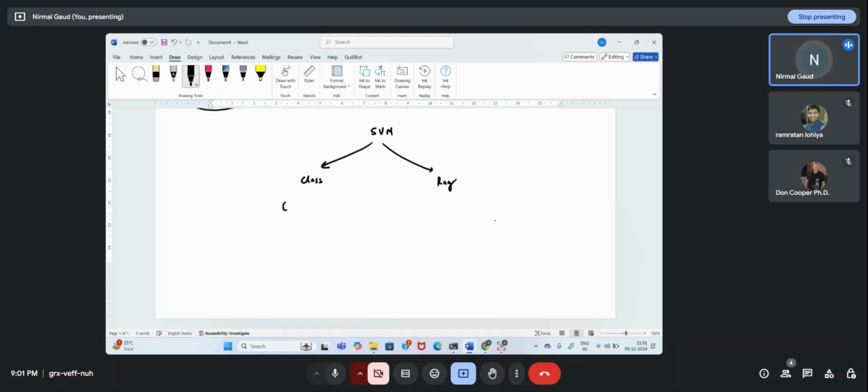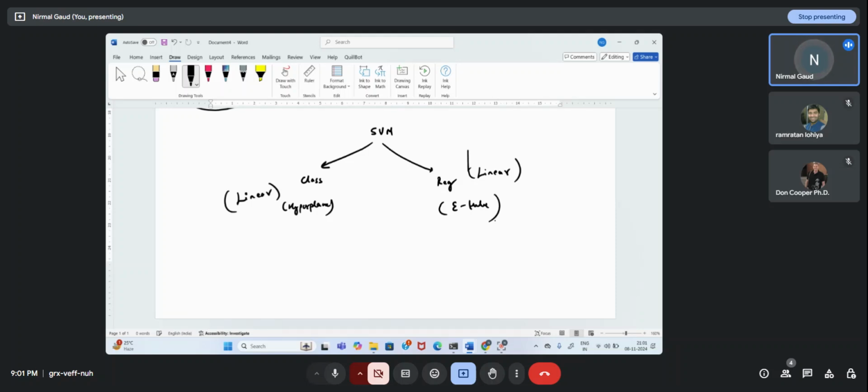In classification, you are having hyperplane. Both we are taking right now as the basic case, linear. Here also linear, here also linear. There is no hyperplane here, here is the epsilon tube.